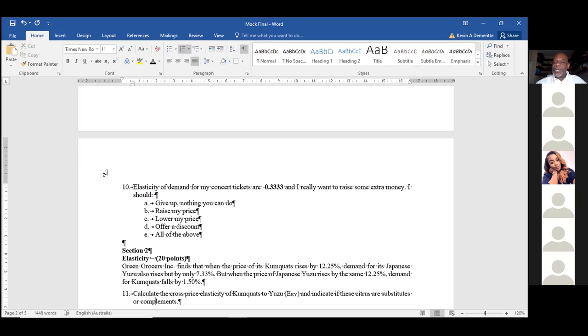What's the relationship between elasticity and revenue? We've defined elasticity as how sensitive or responsive people are to a change in price. How quickly, how strongly they react when we change our price.